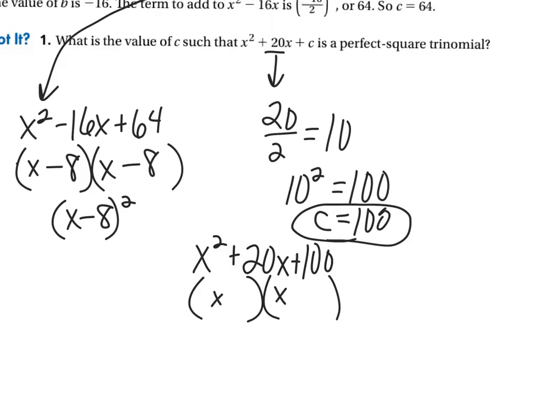And then that puts it where we can actually factor it as x plus 10 quantity squared. For right now, all we're doing though is saying c equals 100.